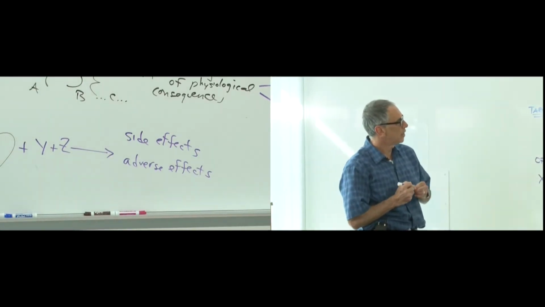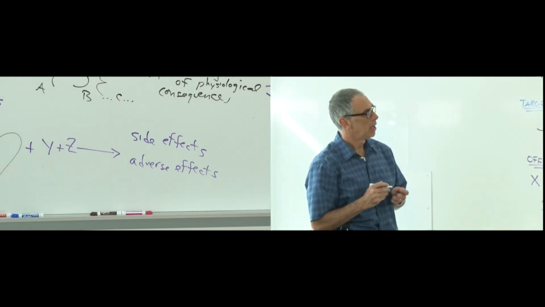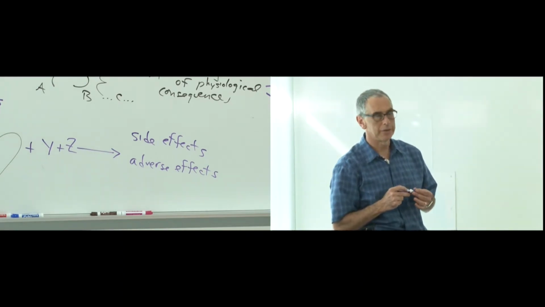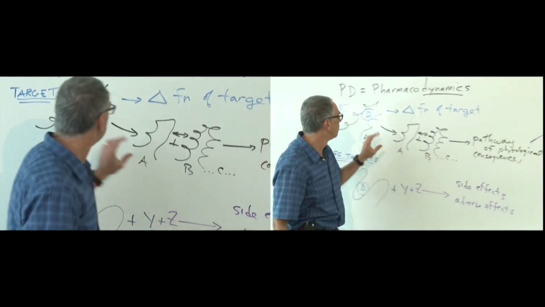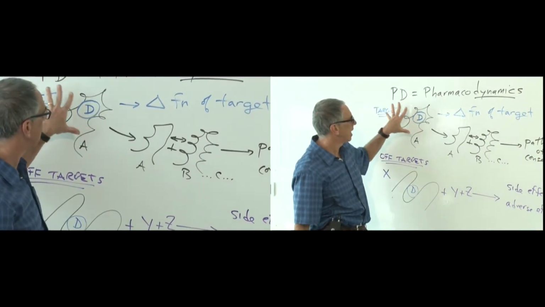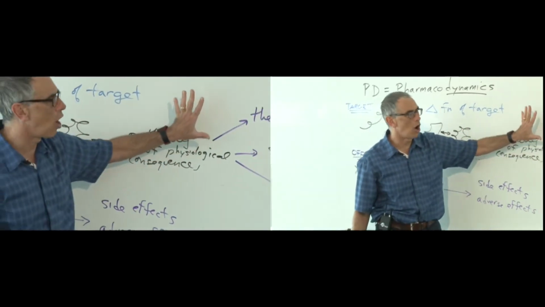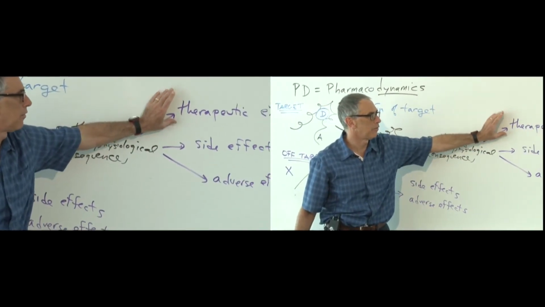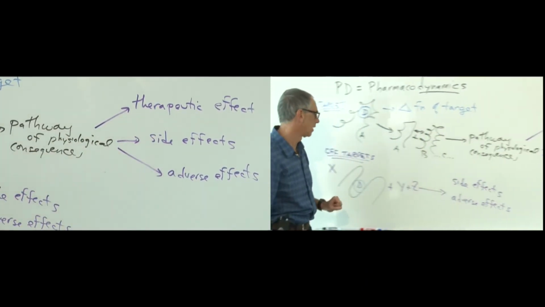The reason I draw these in parallel, in fact, let's make them look parallel, is because there's a big difference between side effects and adverse effects that result from the drug working with its intended target on its intended pathway. These would be called on-target therapeutic effects, on-target side effects, and on-target adverse effects.